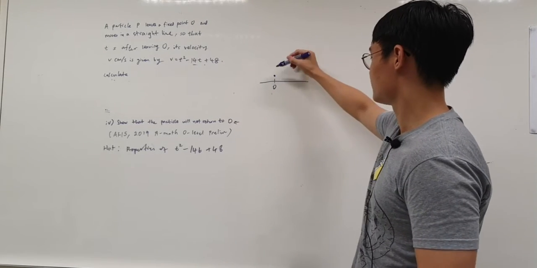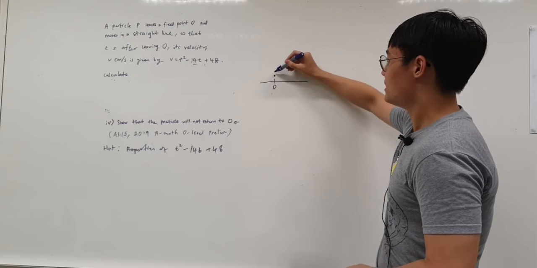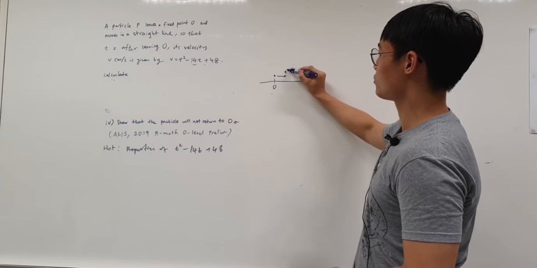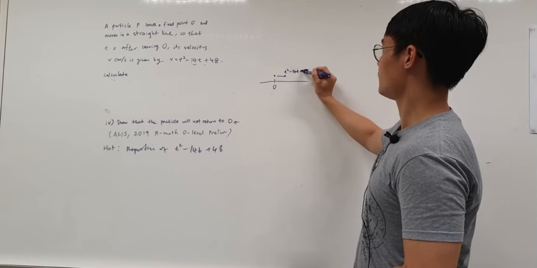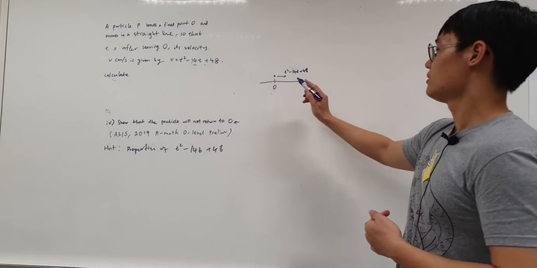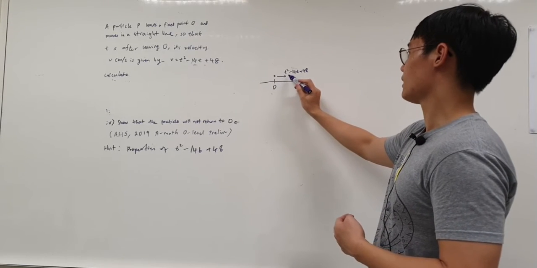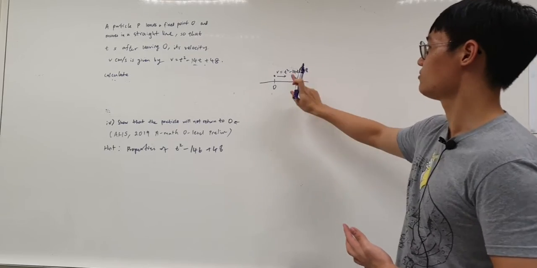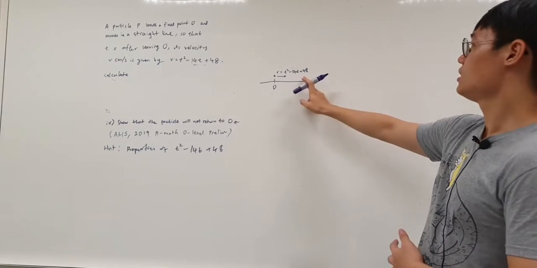Let's say this is the particle P, and it moves with velocity t squared minus 14t plus 48. Now let's analyze what it means to have a velocity of t squared minus 14t plus 48.